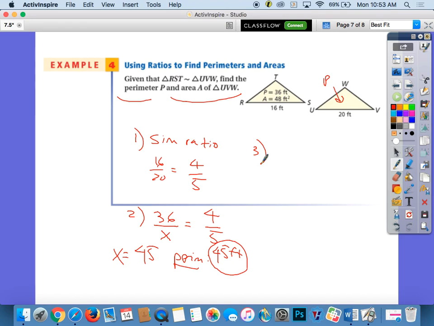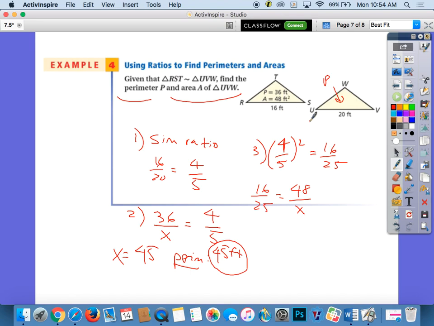So for our third one, we want to find the area, okay? Well, I know that the similarity ratio is 4 over 5. That means the ratio of the areas is going to be (4 over 5) squared. So the area over that area is going to be 16 over 25 for that ratio. That means that 16 over 25 is going to be 48 over x.